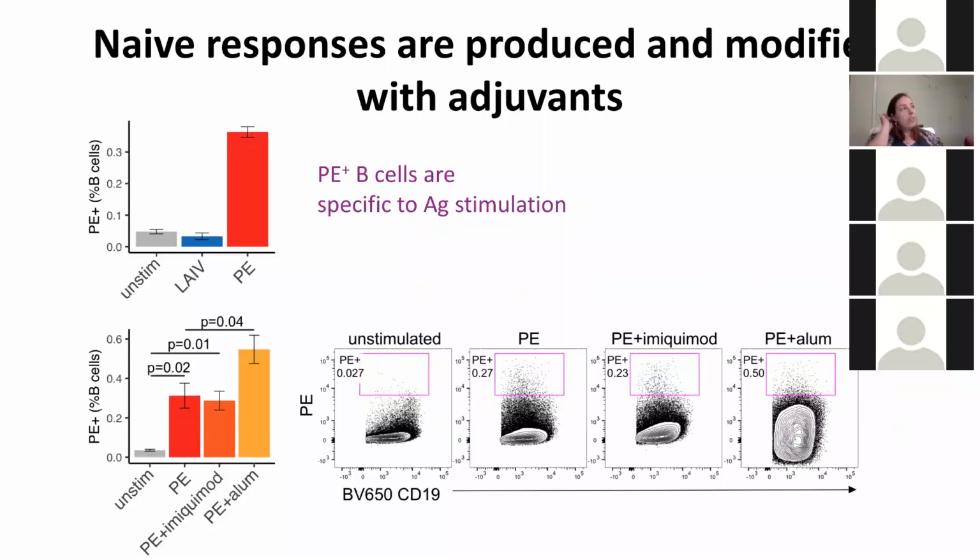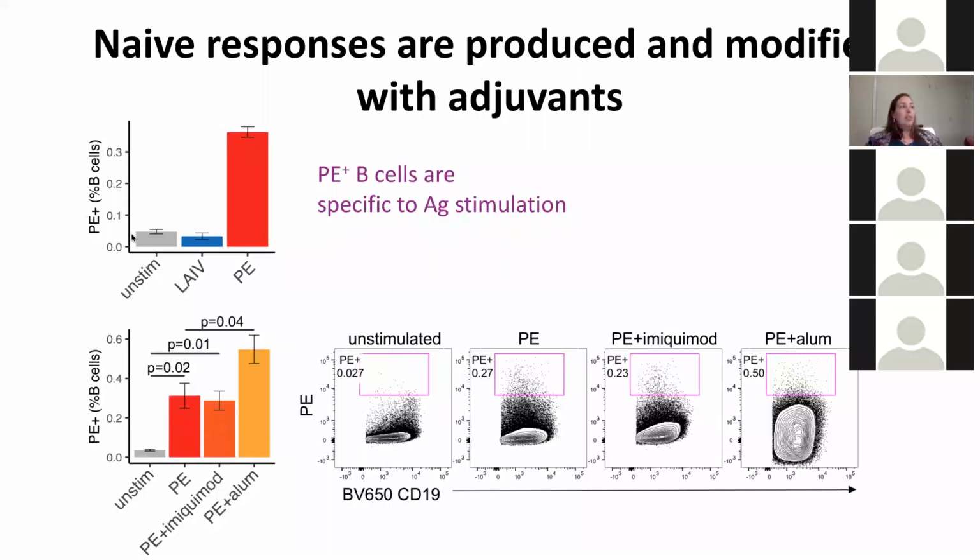This is used as a trick in the mouse literature too, but people use phycoerythrin. Most of you are probably familiar with it as the label for a lot of antibodies for FACS. It's actually a decent antigen in mice at least. And so we've been using that as an antigen, and then we can restain cultures with PE to look for fluorescently detected B cells.